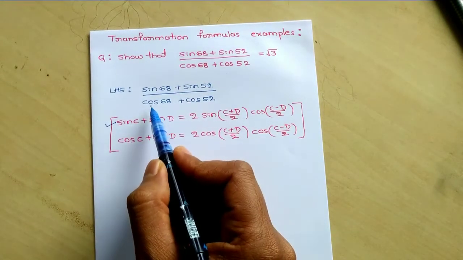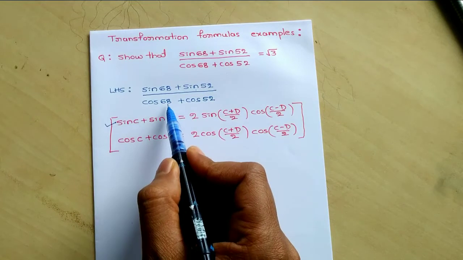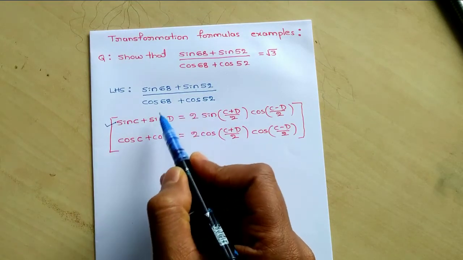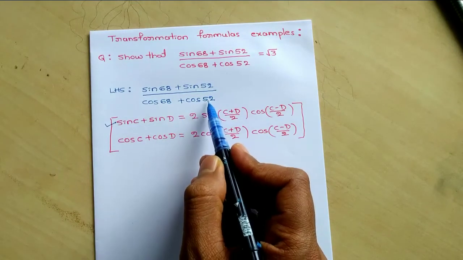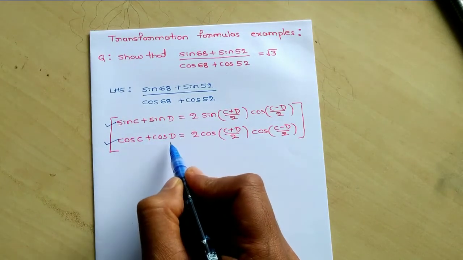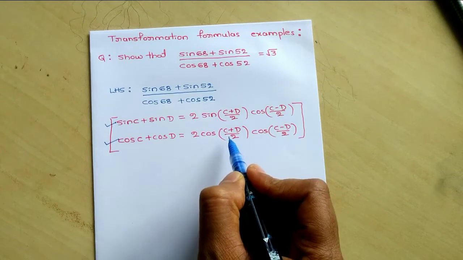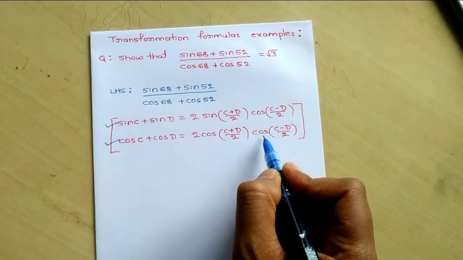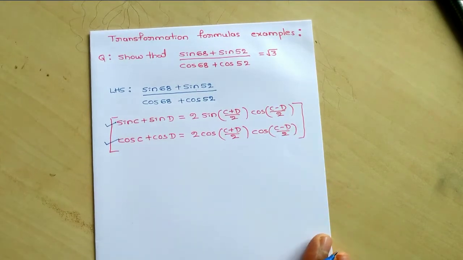Similarly, the denominator looks like cos C plus cos D. Again C means 68, D means 52. For this denominator I am going to apply the cos C plus cos D formula, that is 2 into cos((C plus D) divided by 2) into cos((C minus D) divided by 2).